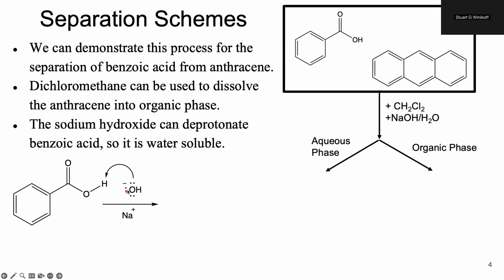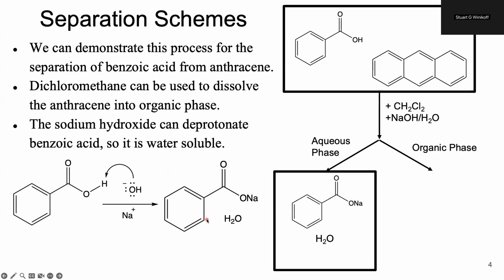But when I treat it with sodium hydroxide, that sodium hydroxide can remove a proton from the benzoic acid to make something called sodium benzoate. This is an ionic compound, and it will be very soluble in water, as almost all ionic compounds are.